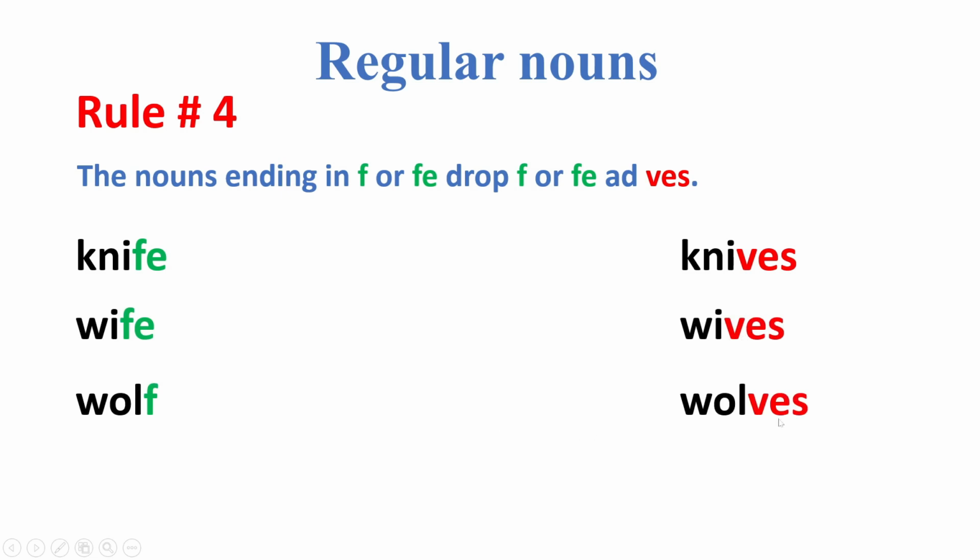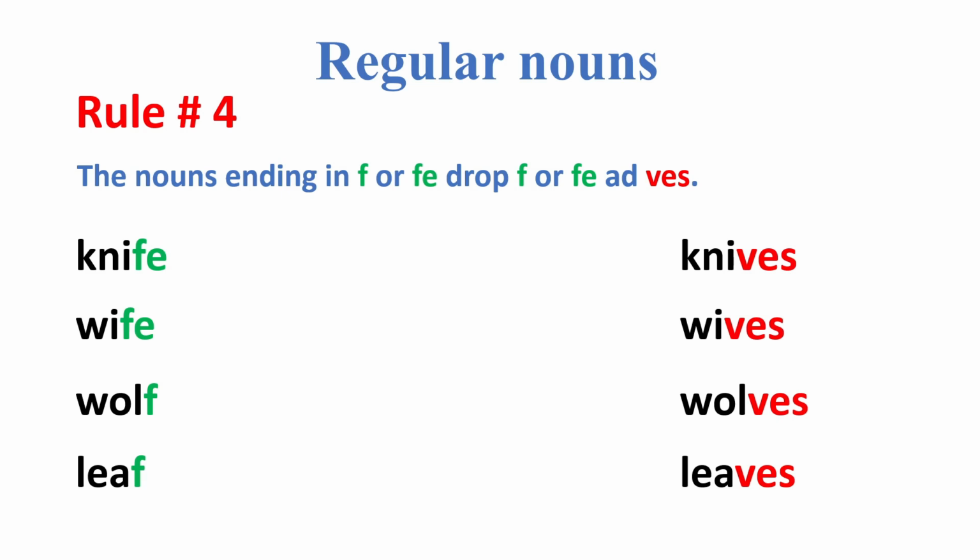Wolf, wolves. And the last example, leaf, leaves. Great, very easy. You just need to remember if a noun ends in fe or f, drop fe or f, add ves. Great. These are the 4 rules to change a singular noun to plural form.